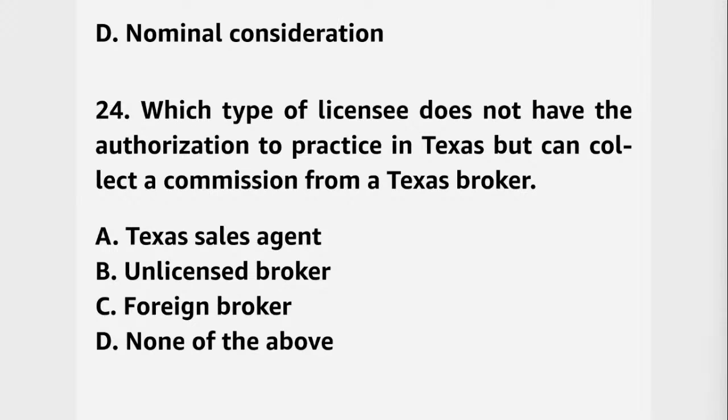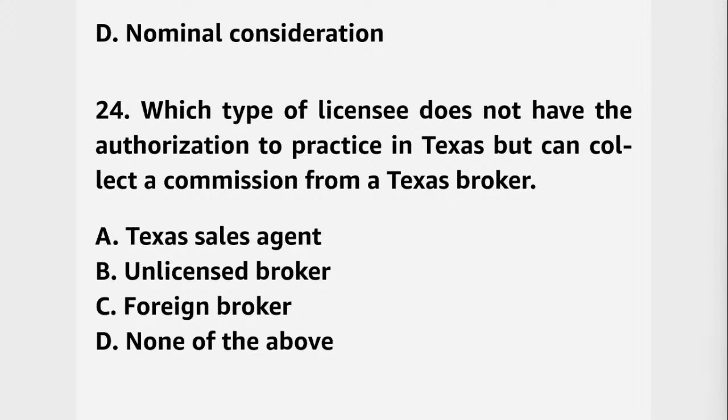Remember, there's a lot of other countries that we can do business with. No, it is not D, Mallet. The answer is foreign broker. For example, we have two borders in Texas, but the U.S. has the Mexico border and Canada border.